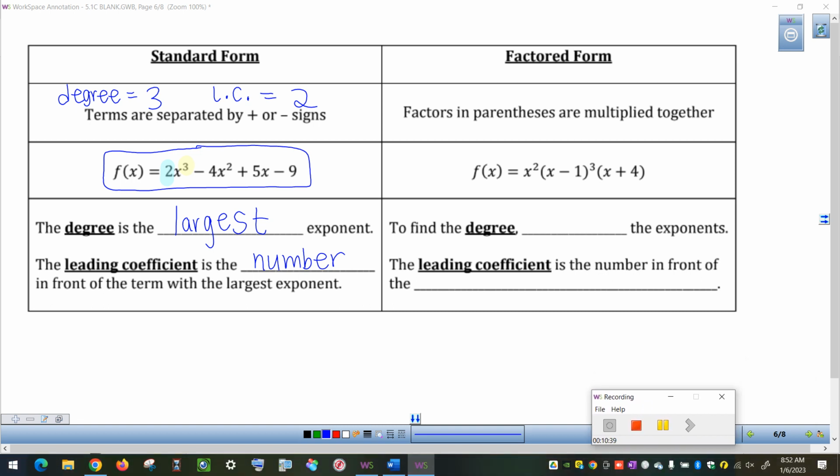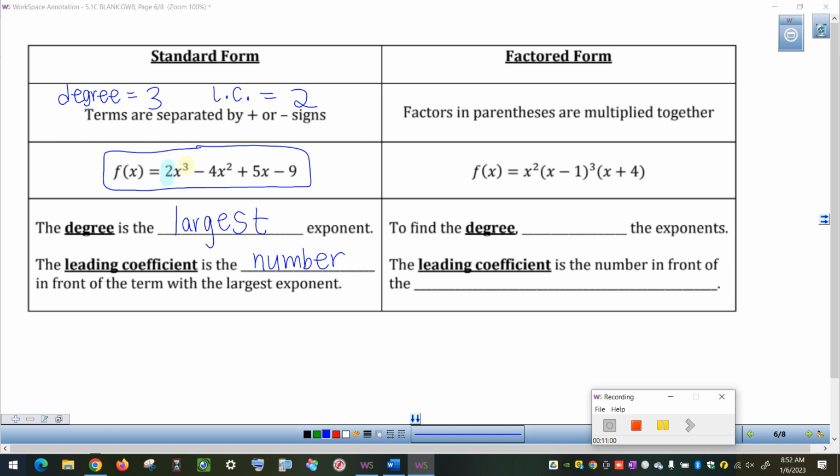Now we're going to change things up a little bit. So when you take a look over at the other side, factored form, this is a much different way of writing out a polynomial equation. What I want you to notice here, the main thing to see is that there's factors that are now in parentheses that are being multiplied together.